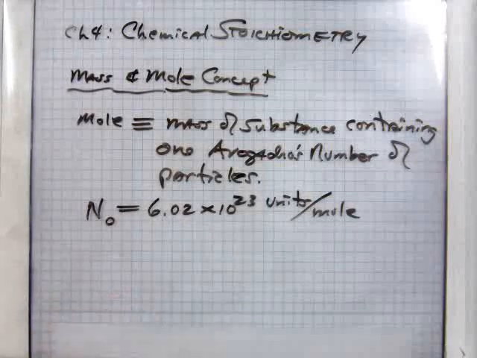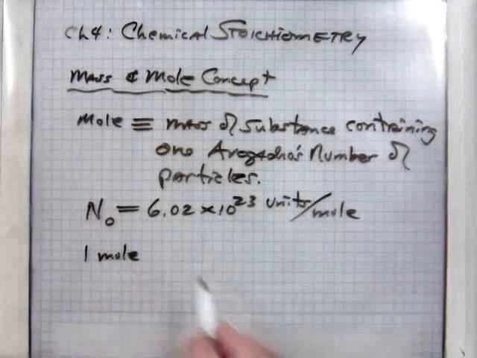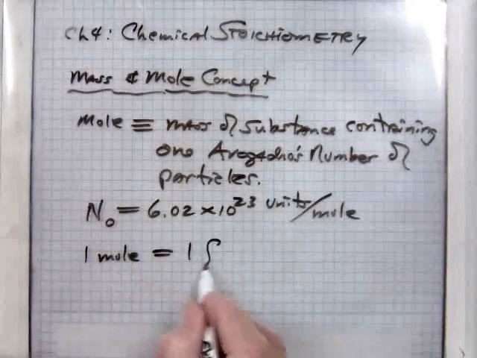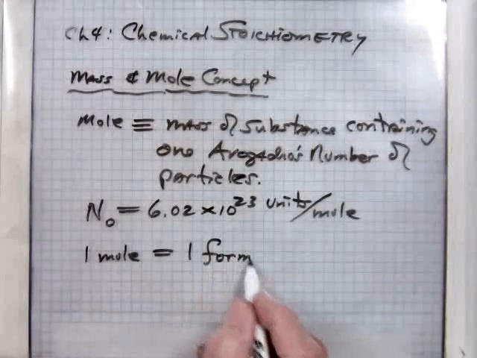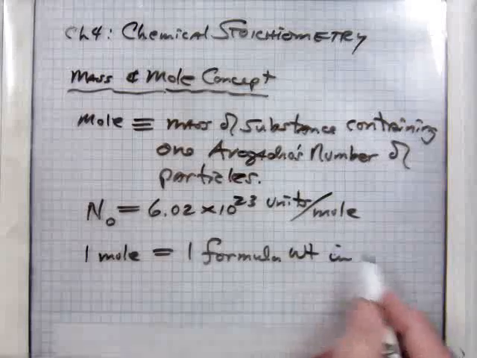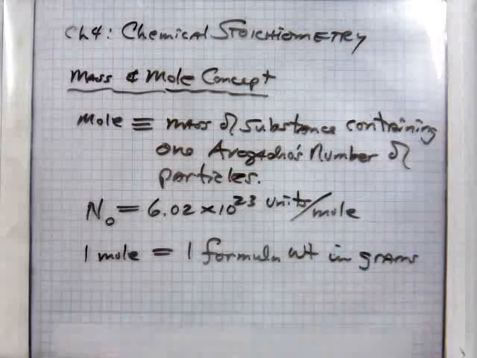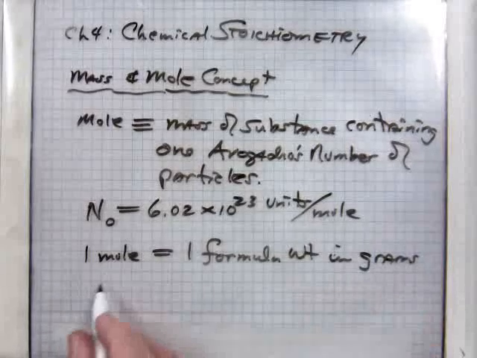But what I want you to remember, and what makes this all come together real quick, is that 1 mole equals 1 formula weight in grams. Some people call it 1 gram mole weight.